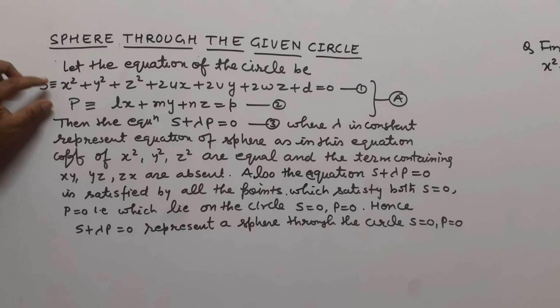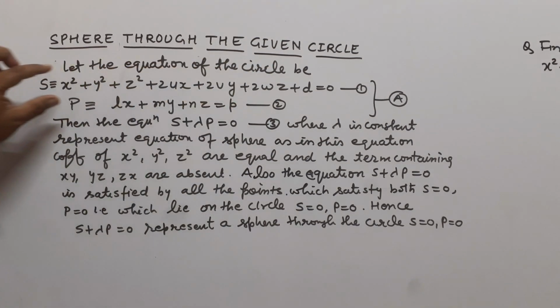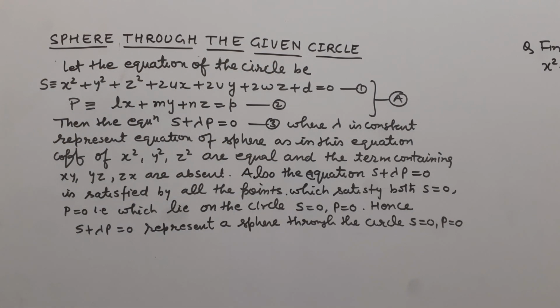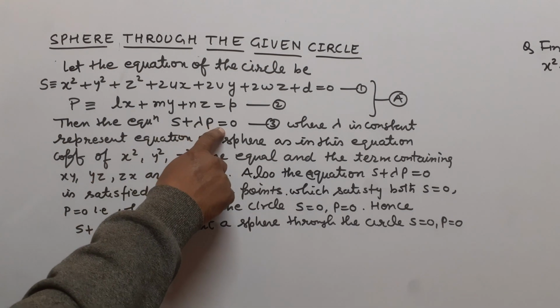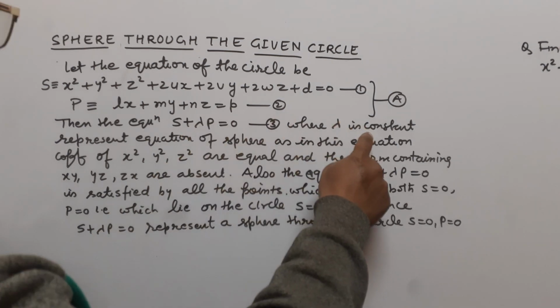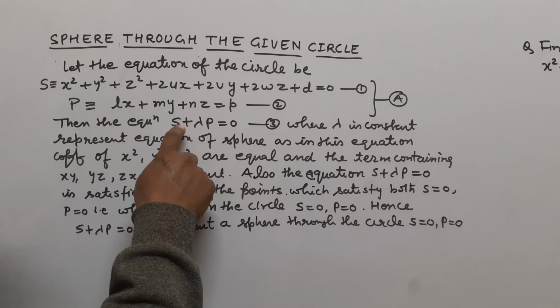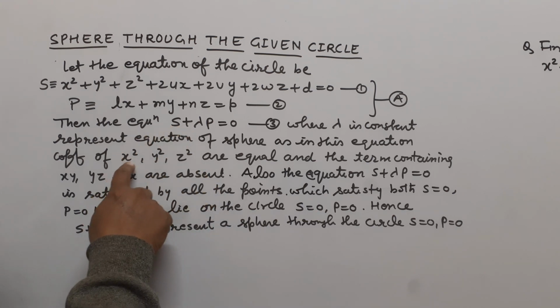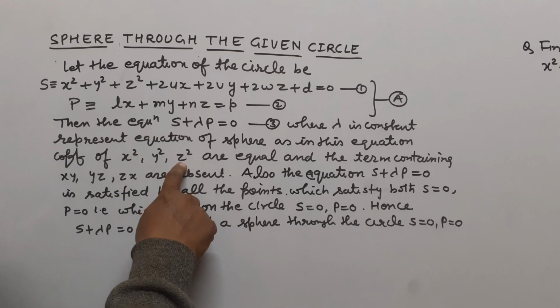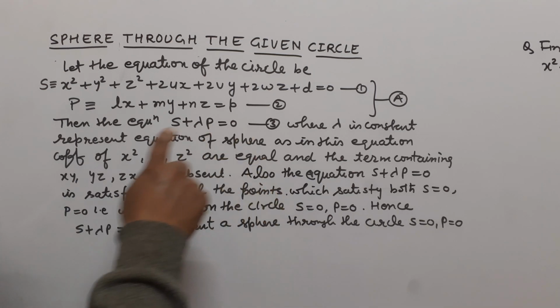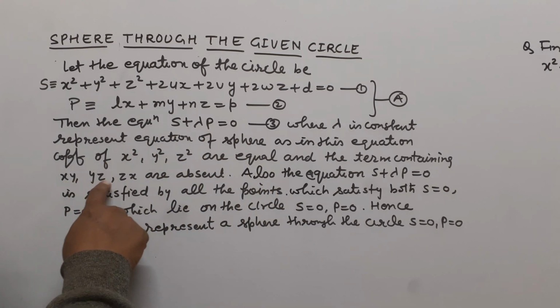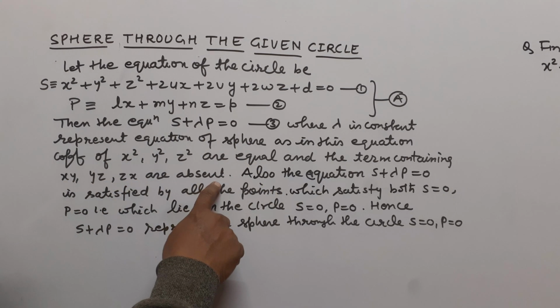Then the equation S plus lambda P is equal to 0, where lambda is a constant, represents the equation of a sphere, because in this equation the coefficients of x square, y square, z square are equal, and the terms containing xy, yz, zx are absent.